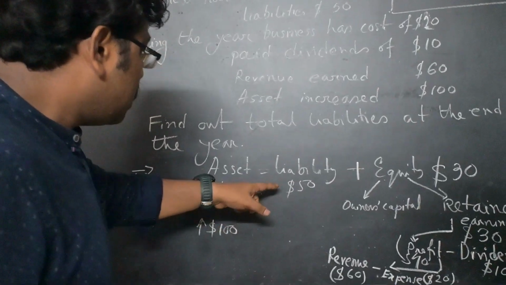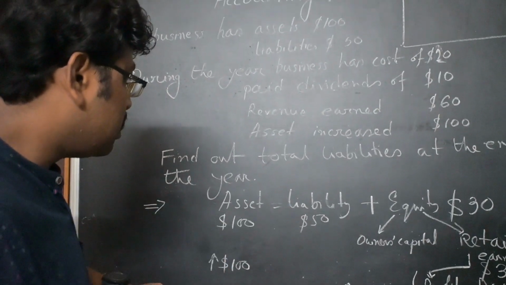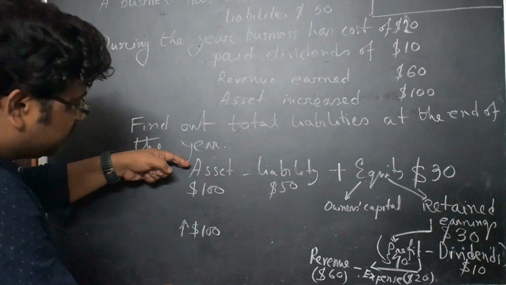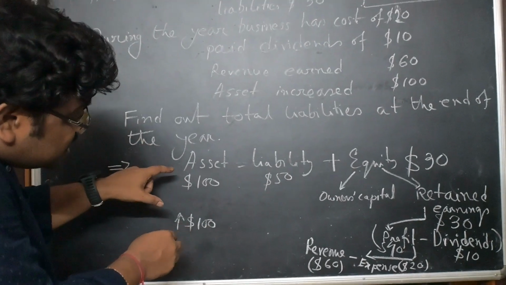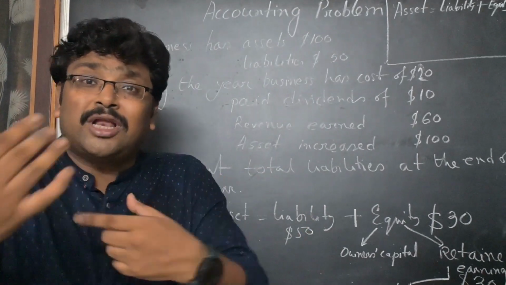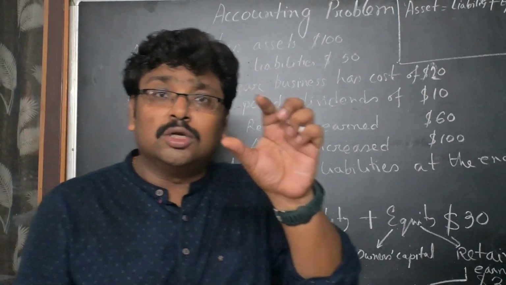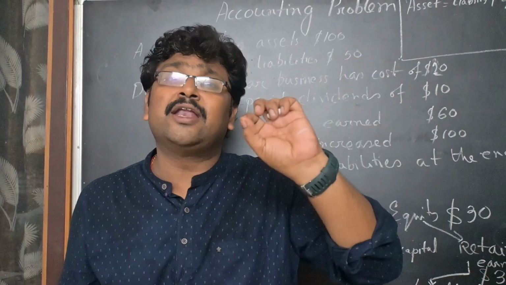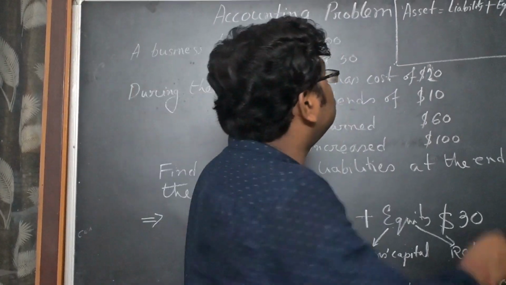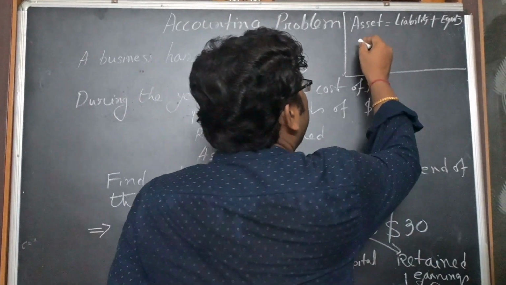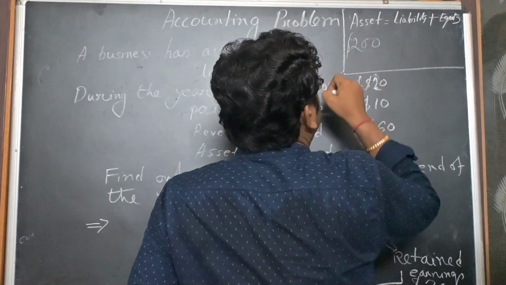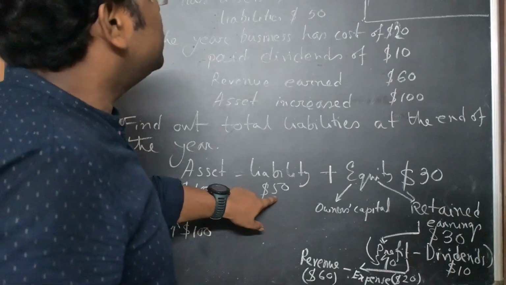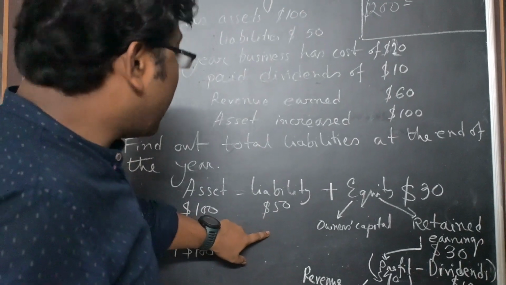Now assets have increased during the period by $100, so at the end of the period the total asset is $200: $100 in the beginning plus $100 during the period. Now, what is the liability?